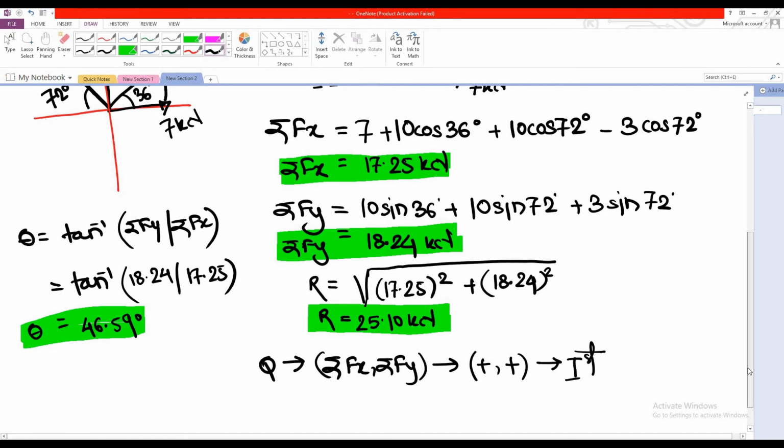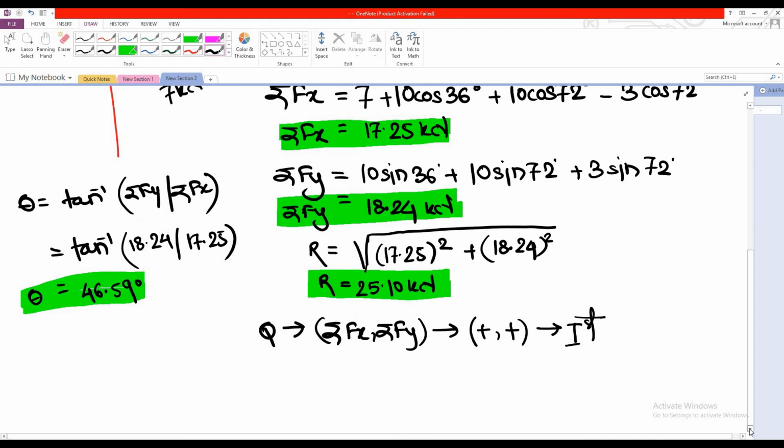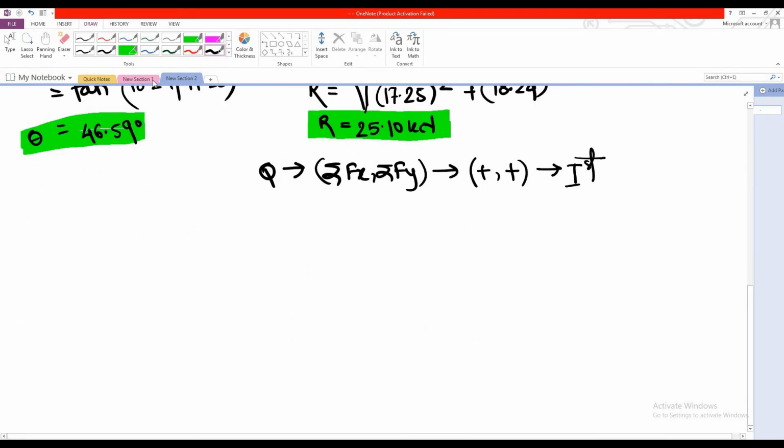Now the final solution is shown in the format of xy axis system with the resultant in its very quadrant. Therefore this is the xy axis system.